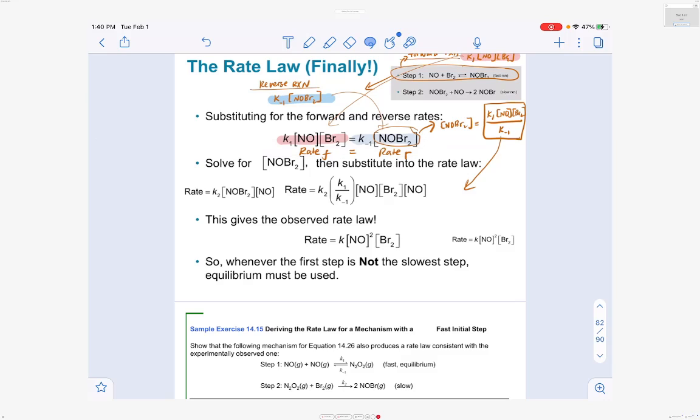This was the rate law from step 2, the slow reaction. However, we don't want to express the rate law in terms of the intermediate, so we were on a journey to find a different expression to substitute for this intermediate. Now that we have a different expression for this intermediate, we can substitute it into here, this entire part.